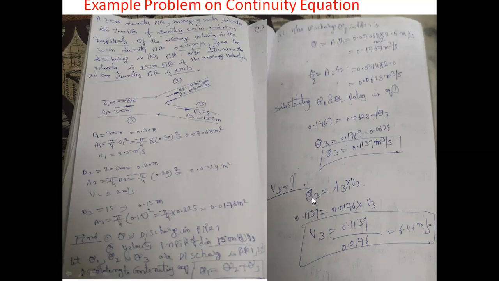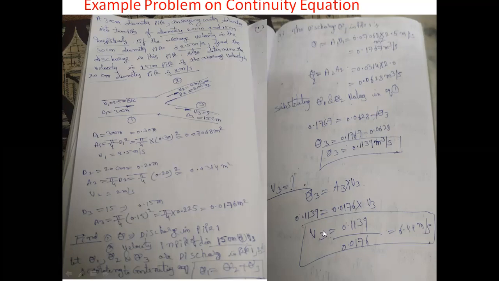Now we find out the V3 value, the velocity of the water flow in pipe 3. The formula is Q3 equals A3 into V3. Q3 value 0.1139 equals A3 value 0.0176 into V3.